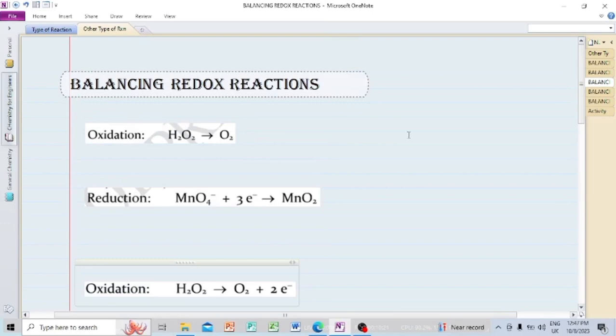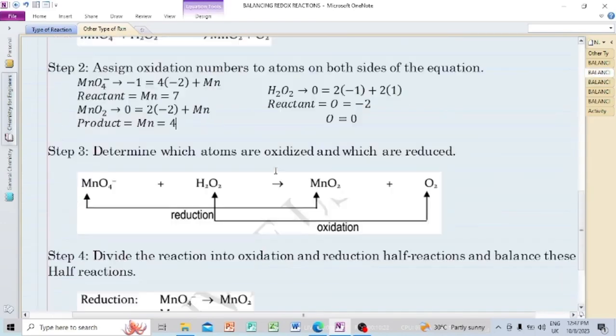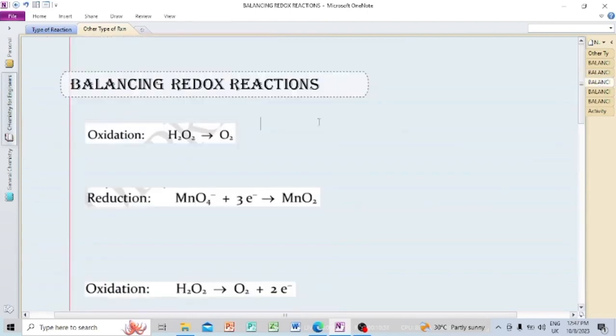For our oxidation, the oxidation number of our oxygen goes from negative 1 to 0. The first thing that we will do is to balance the oxidation number.